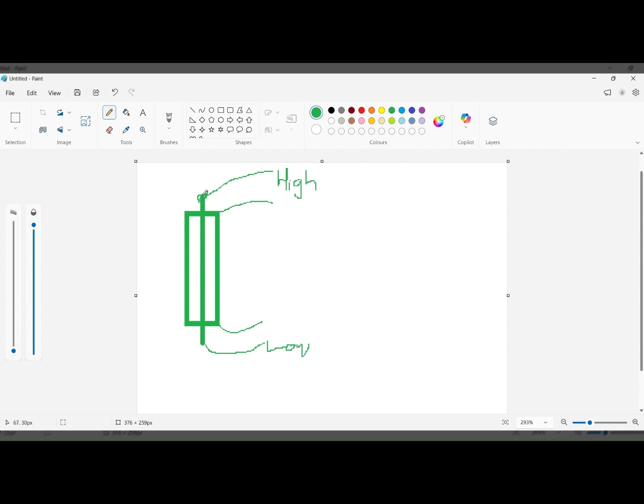It opens at the bottom and then closes at the top. So when it opens, it might go down, but if it closes at the top, that's a bullish candlestick. Even if it moves above where it opened, it's a bullish candlestick.